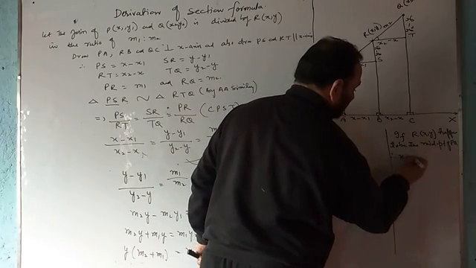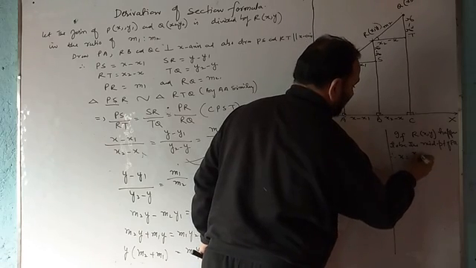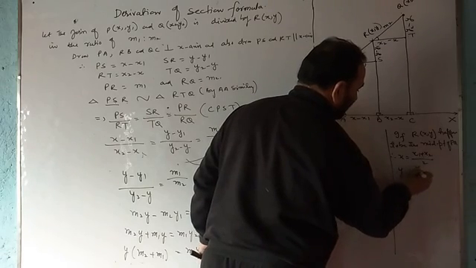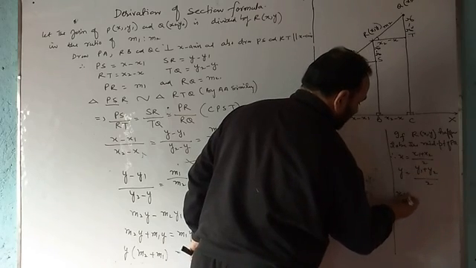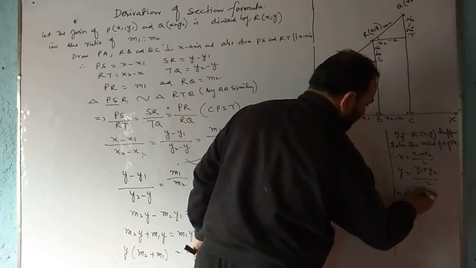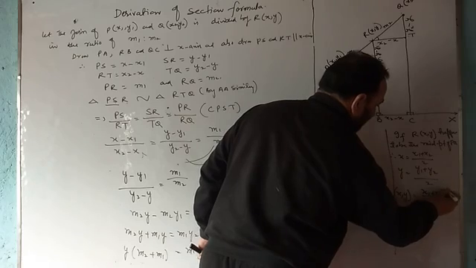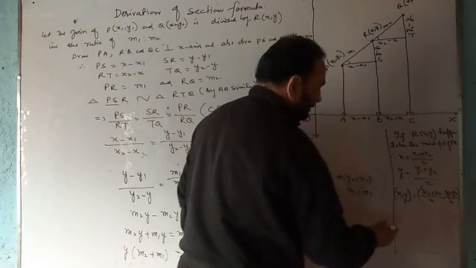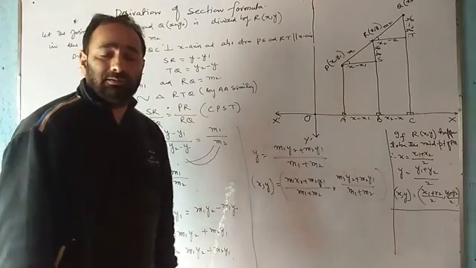Then x is equivalent to x1 plus x2 divided by 2, and y equals y1 plus y2 divided by 2. Like this, the coordinates of x comma y are x1 plus x2 divided by 2, comma y1 plus y2 divided by 2. This is the end of your section formula.